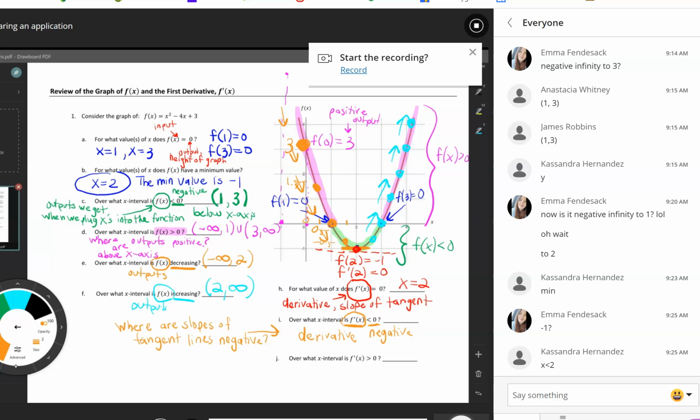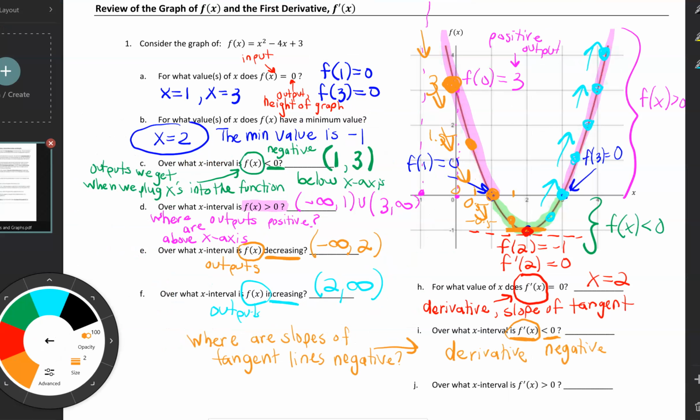Remember, derivatives are rates of change. So if I'm not thinking about a graph, I can think about a derivative as a rate of change. That's what we did on test 2. And if a derivative is negative, that means your profit or your revenue or whatever was decreasing, right? It was going down. So if my derivative is describing the function and my derivative is negative, it's telling me that the rate of change of my original function is decreasing.